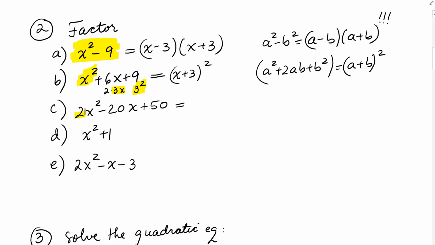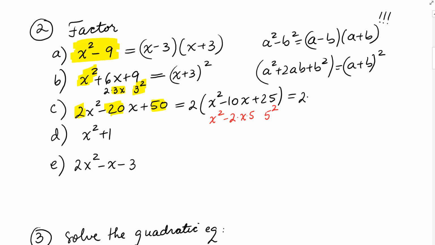We notice that we have a common factor. Each of these terms can be factored by a 2. So we get x squared minus 10x plus 25. And so we notice yet again that we have x squared, it's a perfect square. We have 5 squared, a perfect square, and then we have 2 times x times 5.